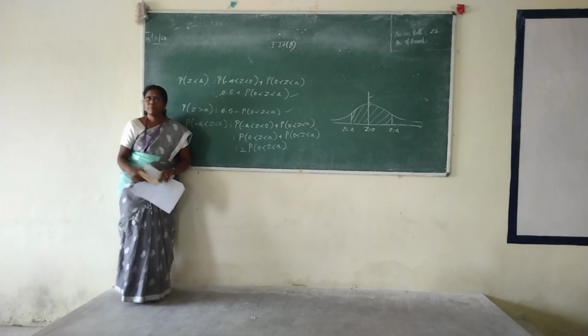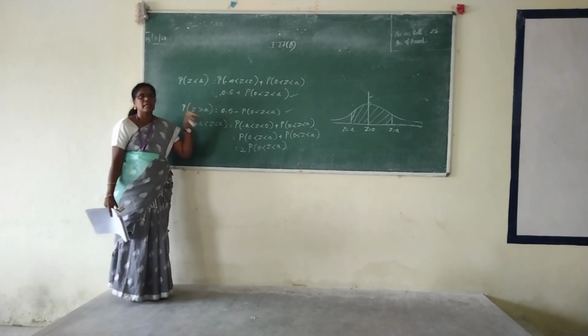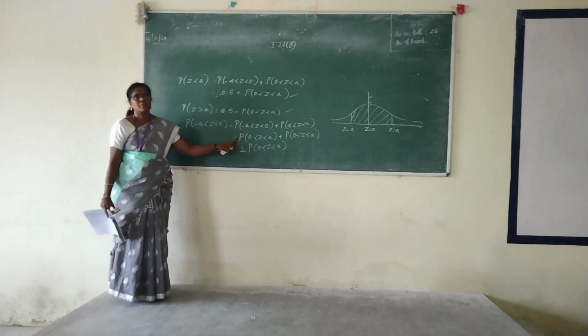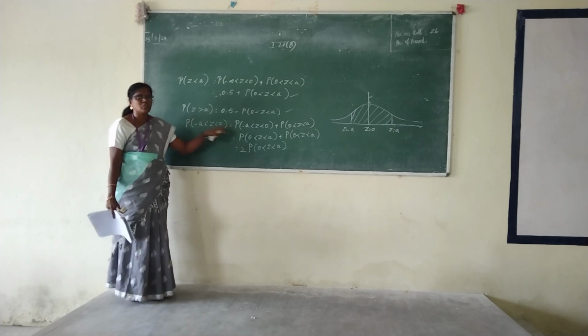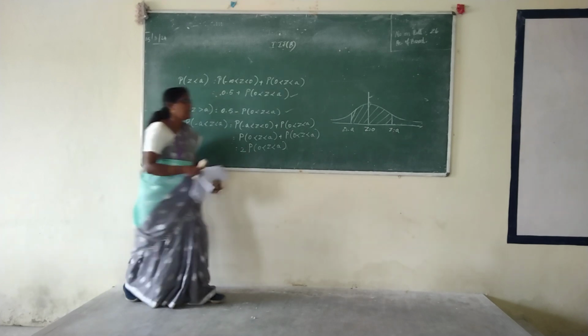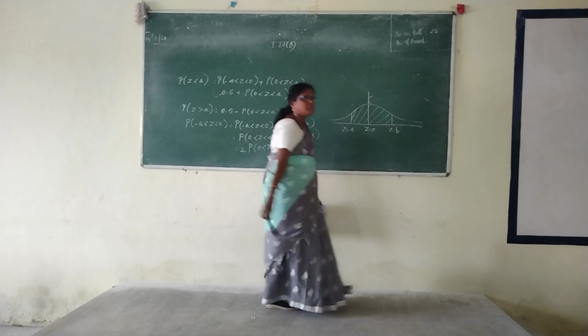Can you understand? This can be applied only for minus A to plus A alone. Minus A to plus A means A is common to both, negative to positive. In that case, you can write like this. If it is minus A to some point B, how will you do?